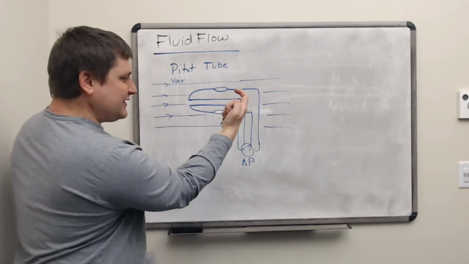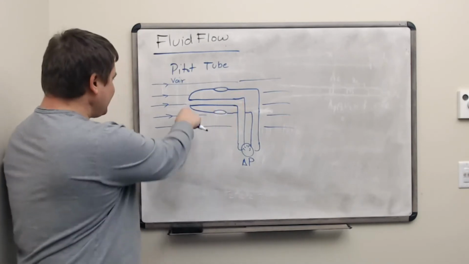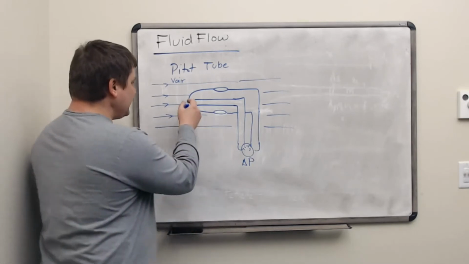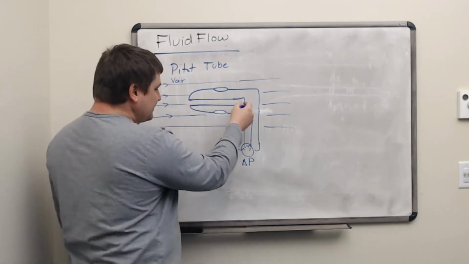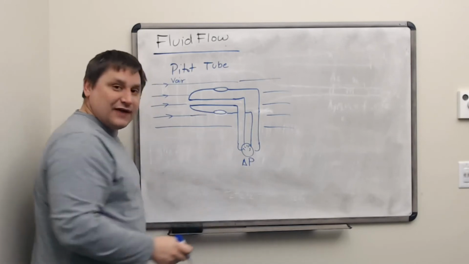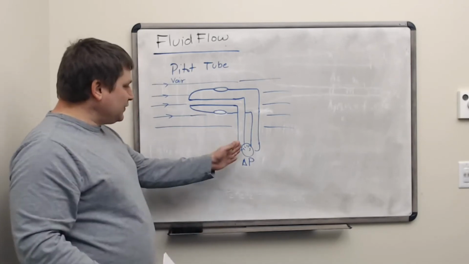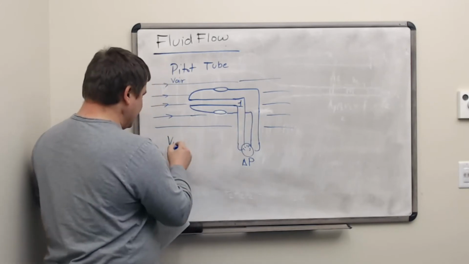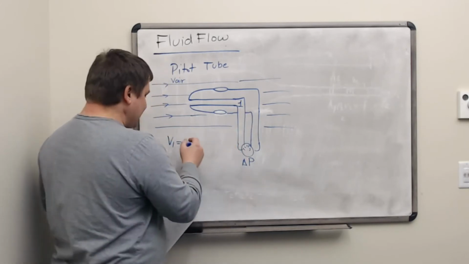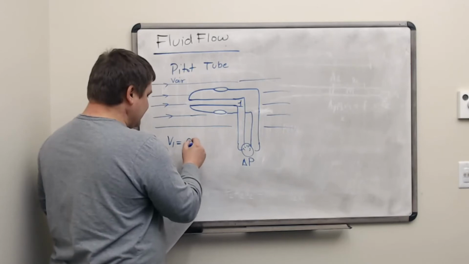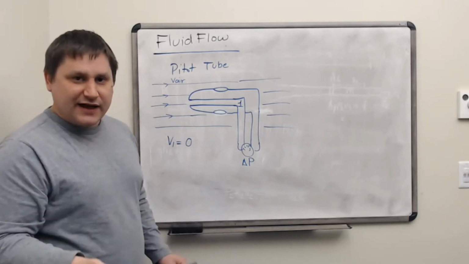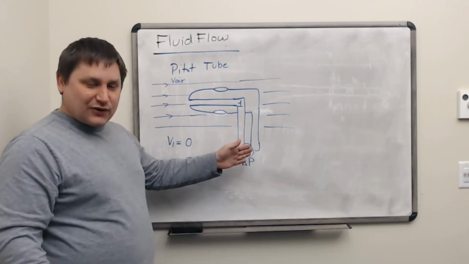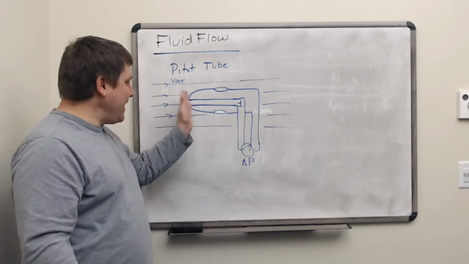And this little tube sits there with this front opening facing into the fluid flow. So the fluid then runs into this tube and comes down to one side of a pressure meter. Of course, when the fluid is in this branch, which I'll call branch 1, it has nowhere to go at the bottom, so its velocity is 0. And it can't move through that tube because the velocity is 0 at some point. So conservation of mass implies that no more mass can go in.